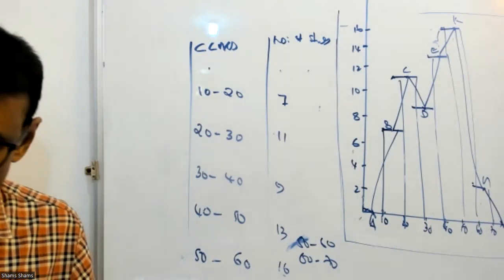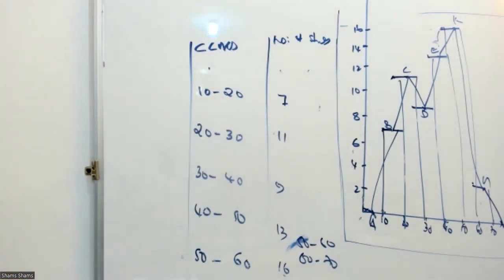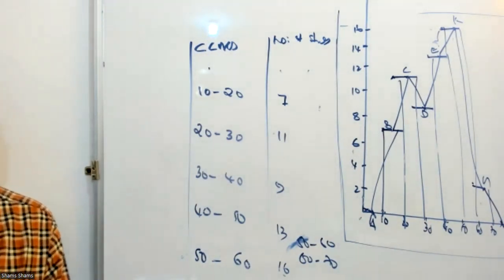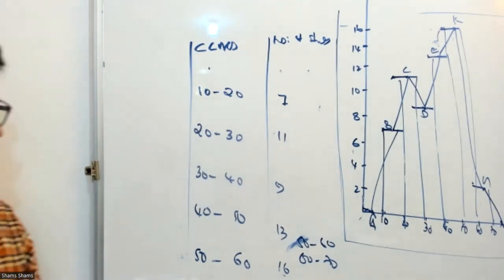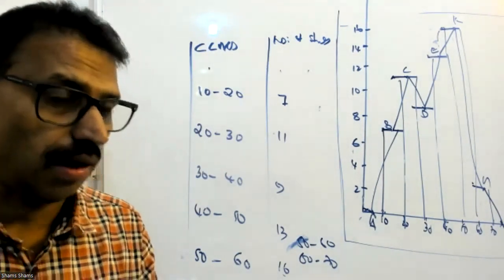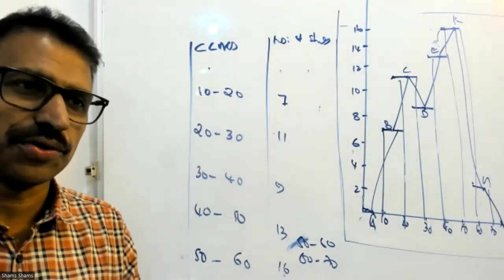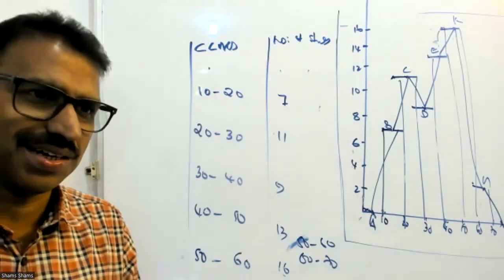So you have to study up to here. Next class a graph is also required. We'll finish the graph, and also adjusted frequency. We don't bother about it now.